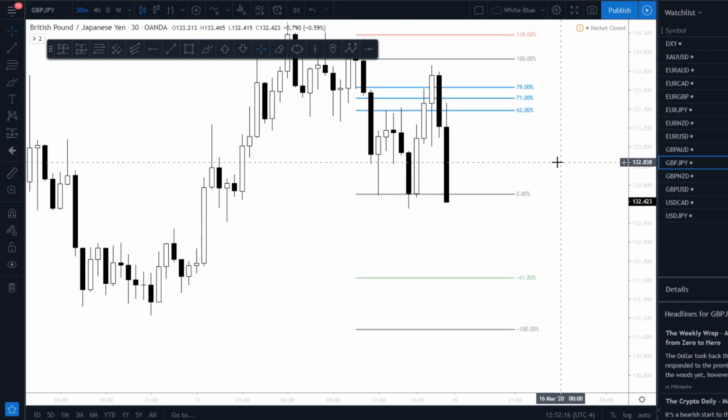So the reason for that is basically risk management and trade management. There's more to it than just taking your profits out at one level and leaving your trade, 100% stop loss, 100% take profit, and that's it. It's good to scale out of your trades, whether you're doing that manually or through orders.